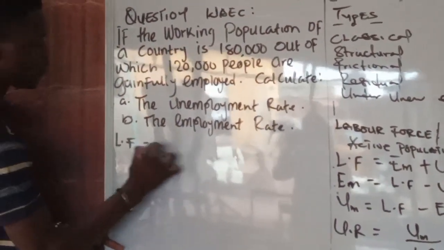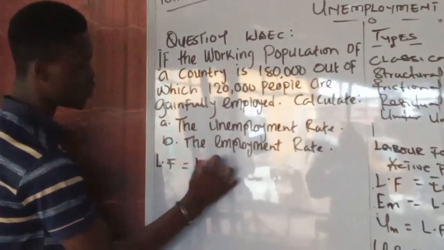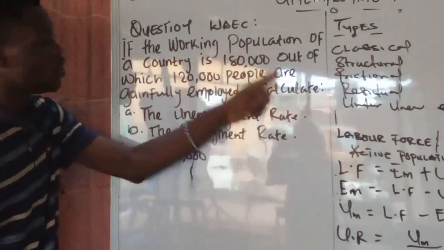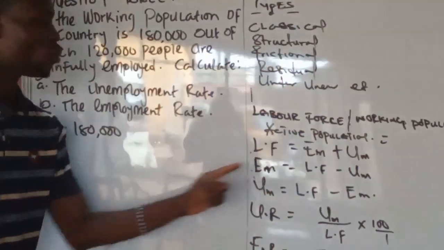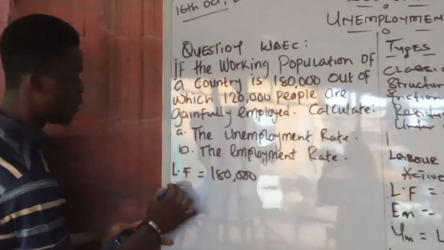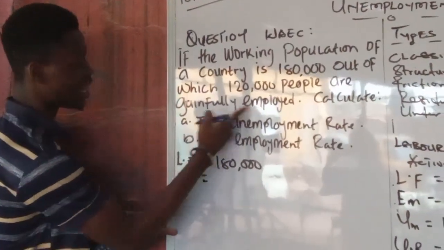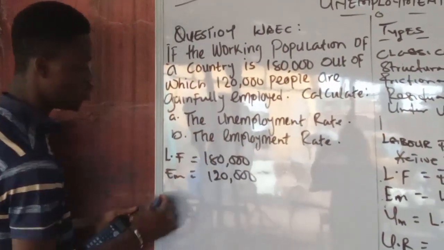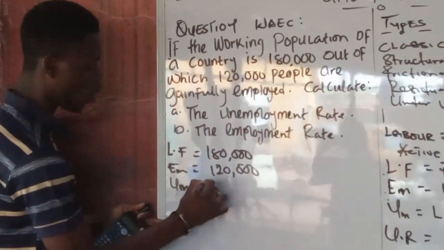Our labor force is 180,000. I've said earlier that working population is another name given to labor force, or we call it active population. Observe that. Now, our employment, those that are given employed, is what? 120,000.